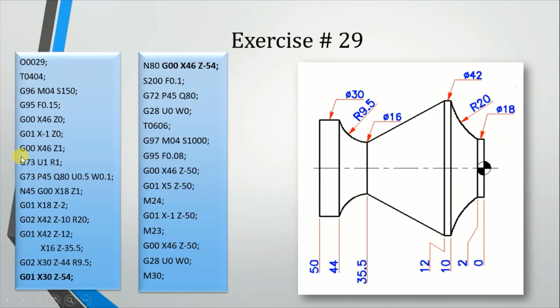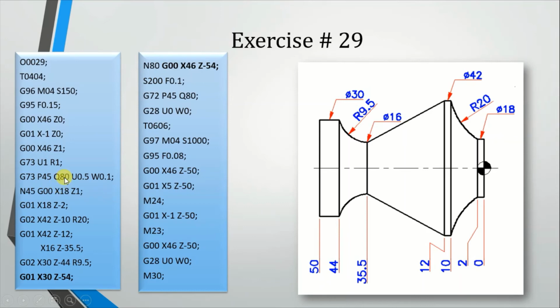Then again the G73 stock removal command, G73 U1 R1: take a 1 millimeter cut every time and retract 1. It means when the tool takes a 1 millimeter cut and retracts 1 millimeter and goes back, it will remove 1 millimeter, and you can give 1.5 or 2 also. And then G73 P45 Q80 means we want to remove the material from here to here.